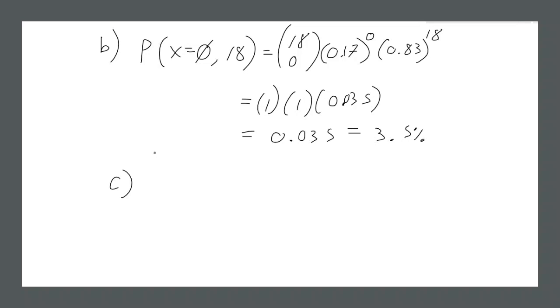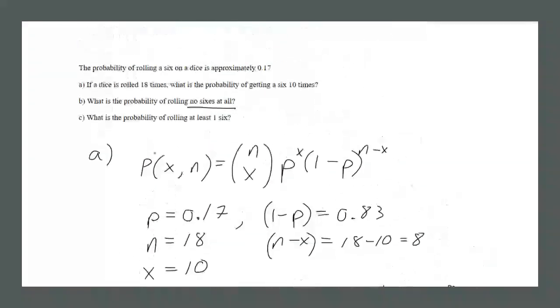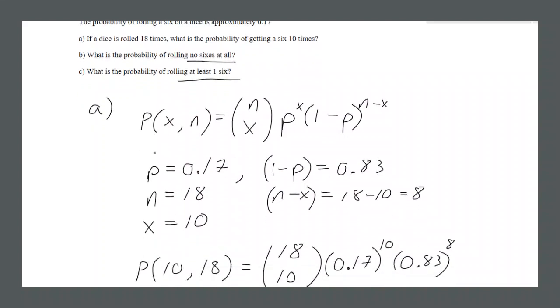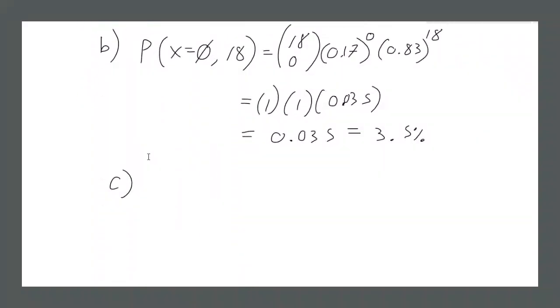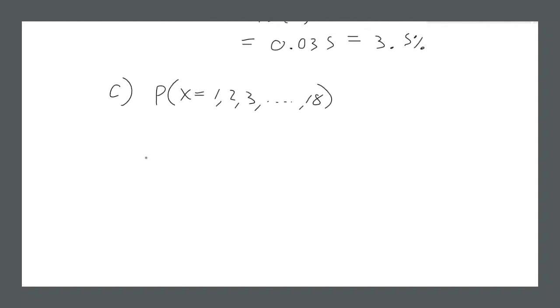And then on to part C. Part C asks, what is the probability of rolling at least 1 6? At least 1 6. So this is the probability that x equals 1 or 2 or 3 and so on up to 18. Now we could calculate the probabilities for all of these x values and add them up, but that would take a long time.